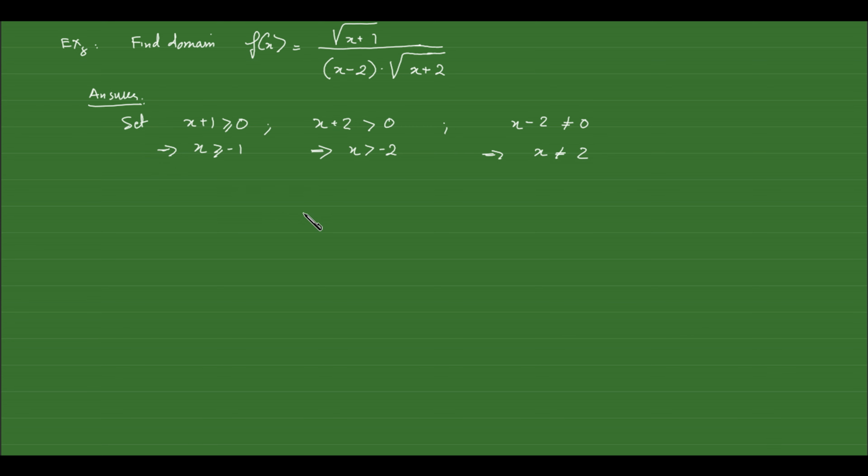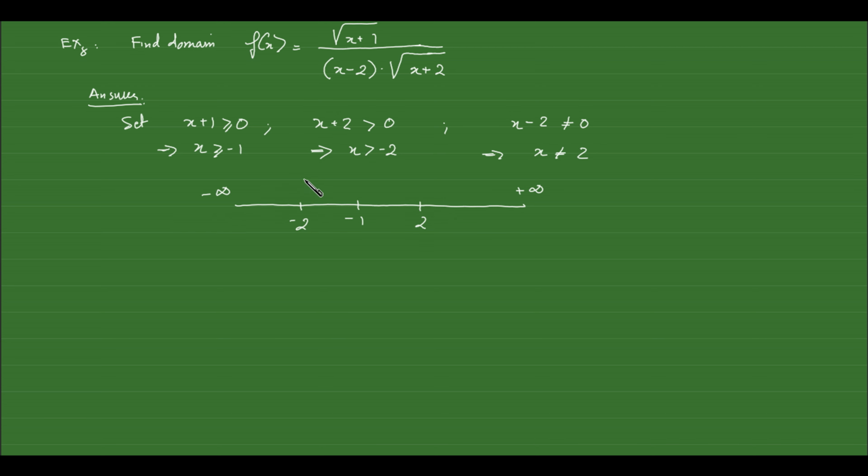Now you put it on the number line, because it's very hard for you to visualize in your brain. You put it on the number line so that it's easier to get the interval notation. So you put -1 here, -2 here, and 2 here.